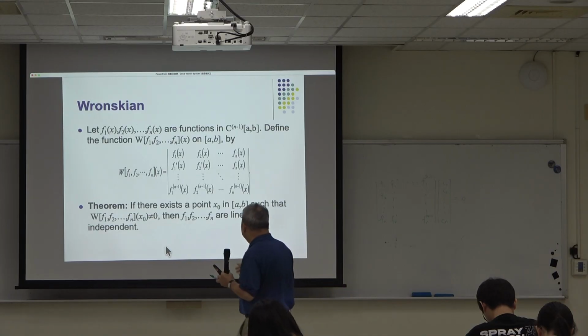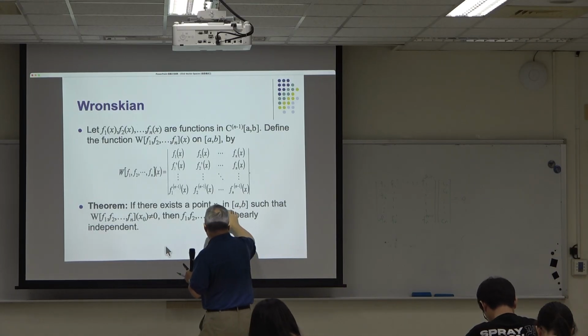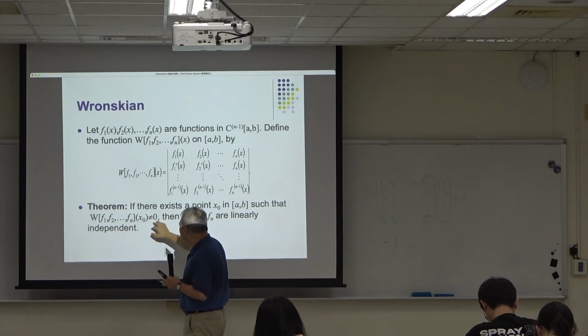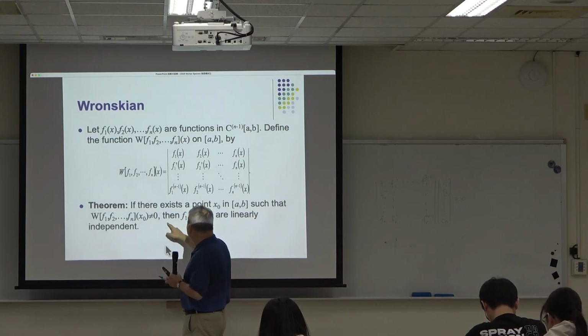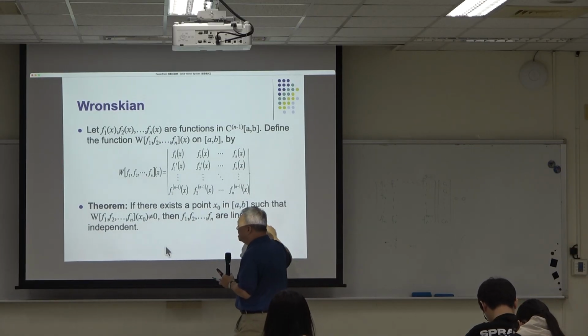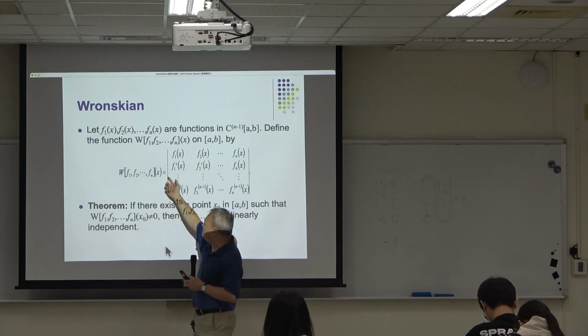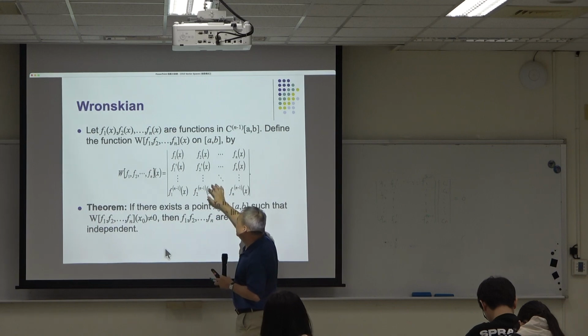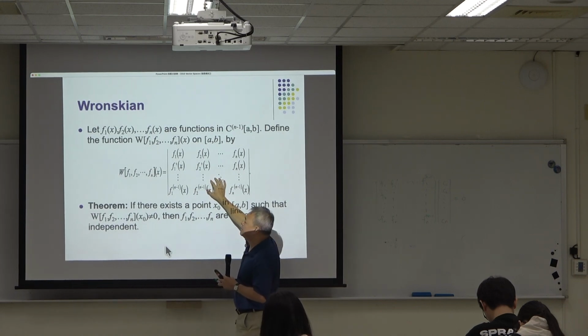So if there exists a point x0 in (a, b) such that this one is not 0, then these functions are linearly independent. This is basically from the fact that the determinant is non-zero.